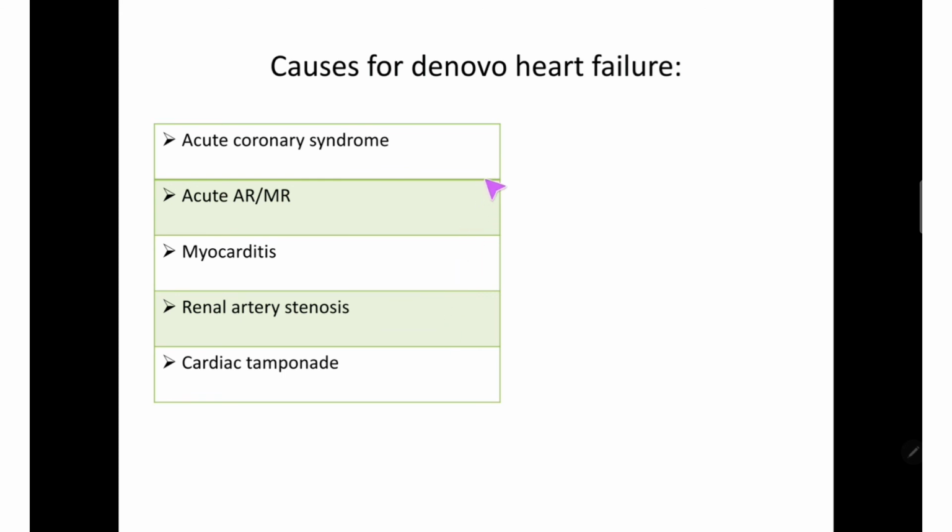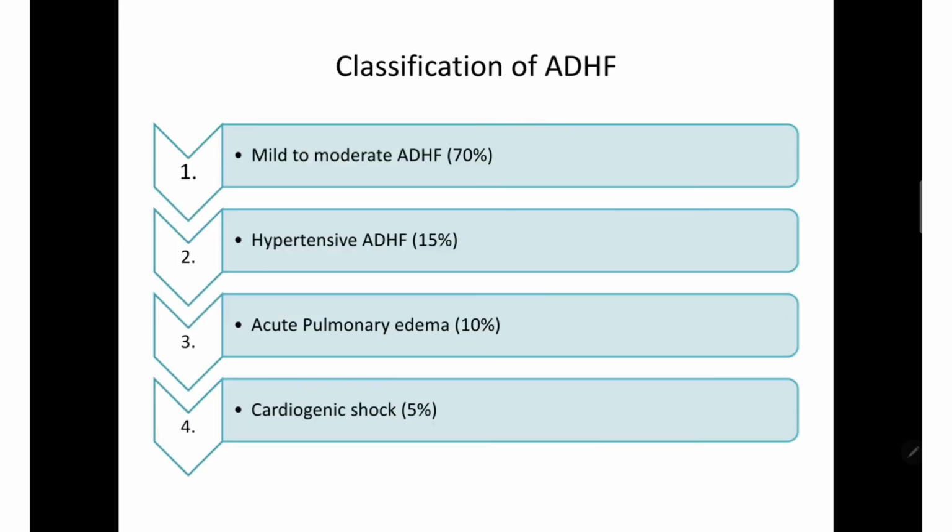The patient has a presentation of ACS, acute coronary syndrome, or conditions like acute AR or MR, which means aortic regurgitation or mitral valve regurgitation, infections like myocarditis, or renal artery stenosis, and also cardiac tamponade are the causes for the patient to present with de novo type of heart failure.